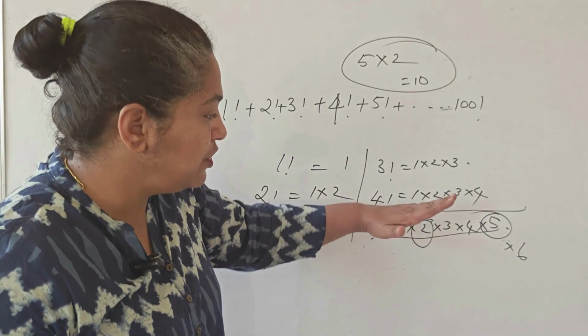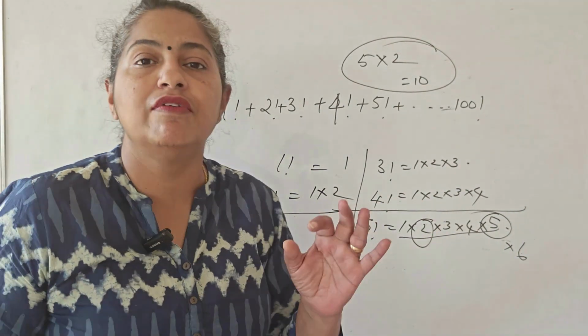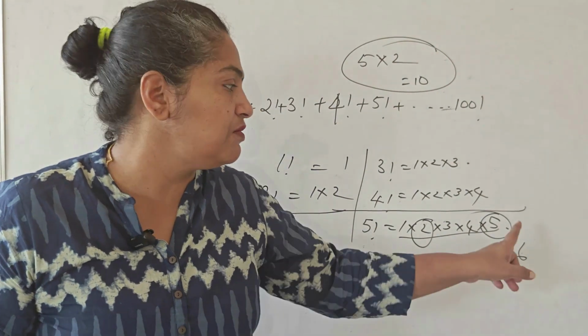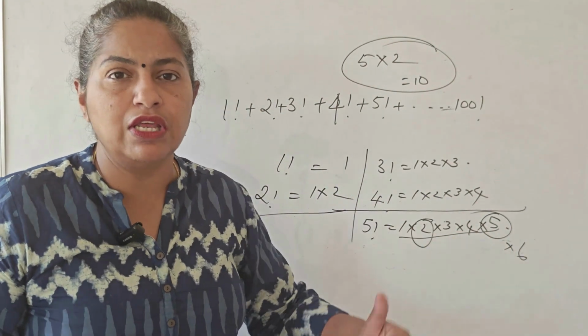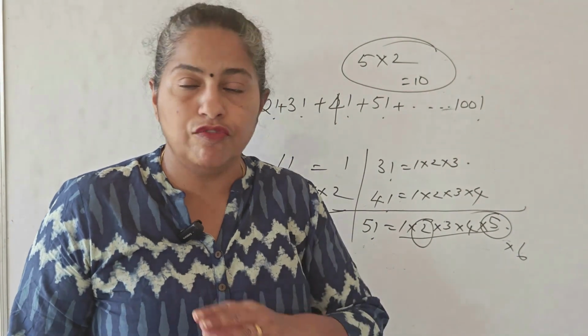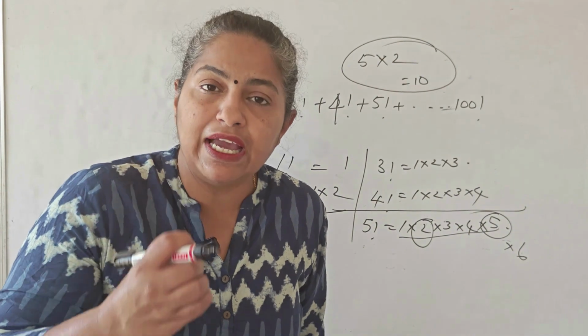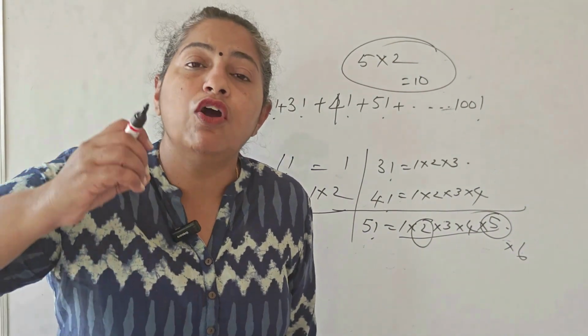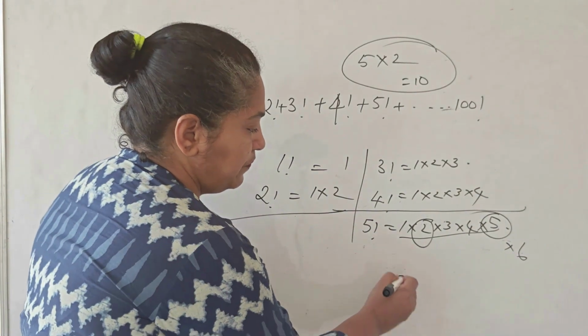Whichever factorial you are taking after 4 factorial, that number will always end with a 0 because it always has 5 and a 2. And after 10 factorial, you definitely have a 10 also. Forget about that, you definitely have a 5 and a 2. So from 5 factorial onwards, we always have the units digit as a 0.